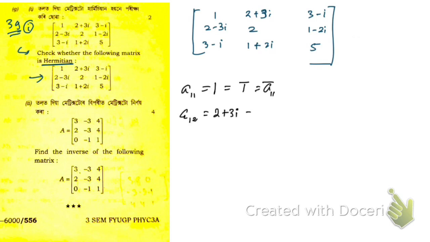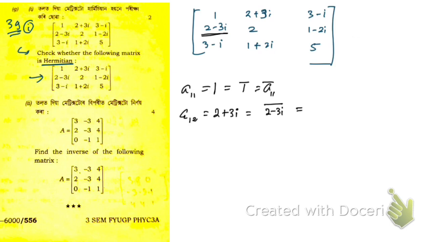Its complex conjugate is 2 minus 3i, and the complex conjugate of 2 minus 3i is again 2 plus 3i.